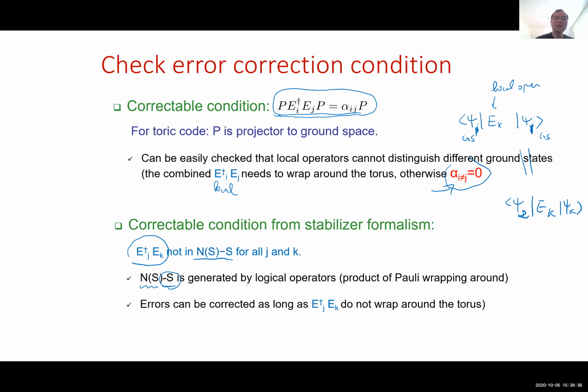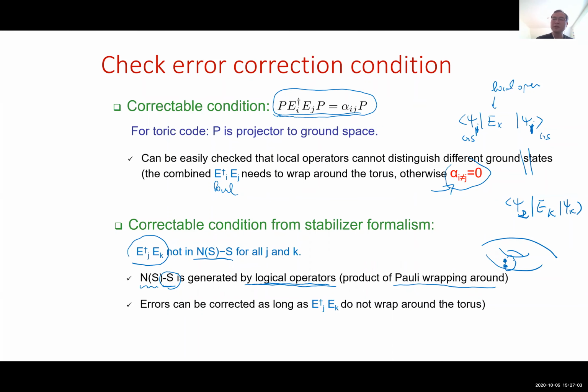So the only things that are possible are logical operators or logical operators times the local stabilizer. So these can only be logical operators, and they need to wrap around. But our local error, a one qubit error for example, doesn't wrap around the torus.